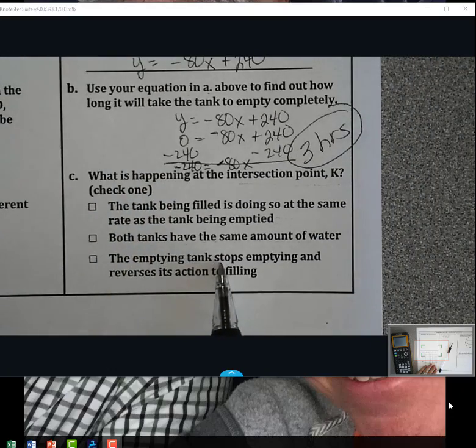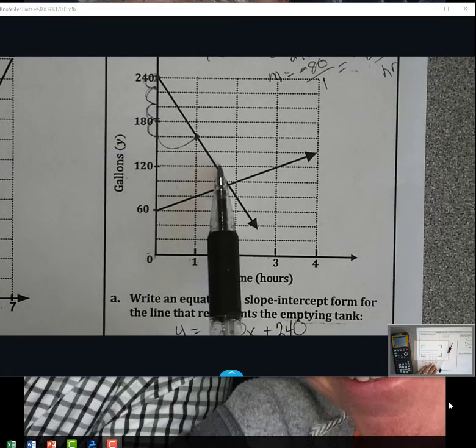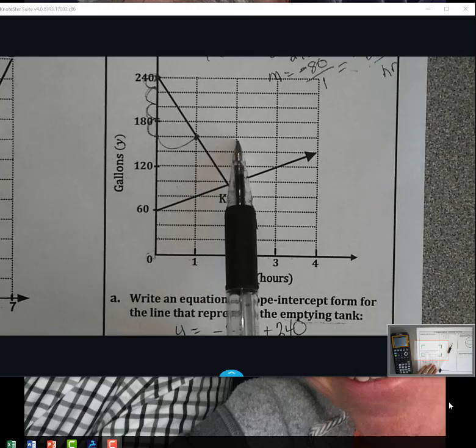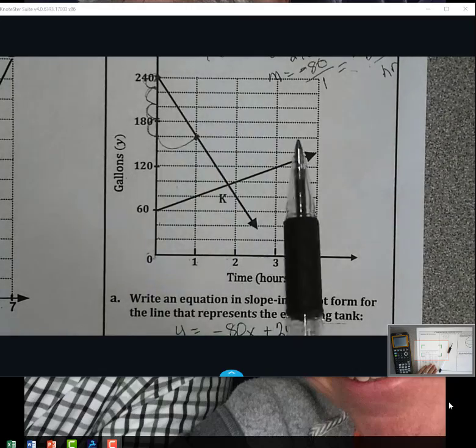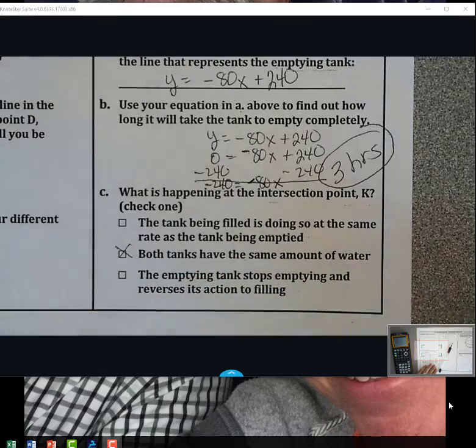The emptying tank stops emptying and reverses its action to filling. So the tank that is emptying hits the spot where they both have the same number of gallons and then starts filling back up. No, that's not true either. So it was this one. Both tanks have the same amount of water.